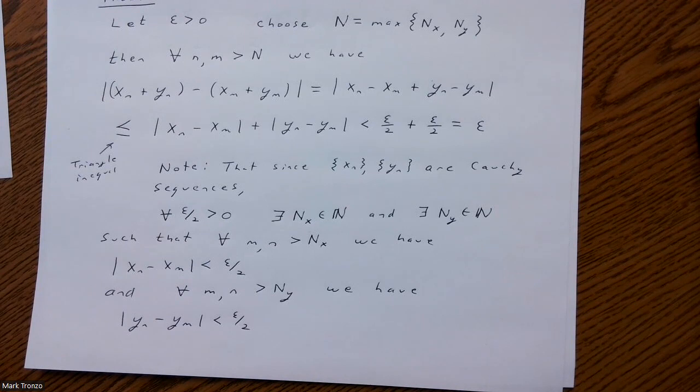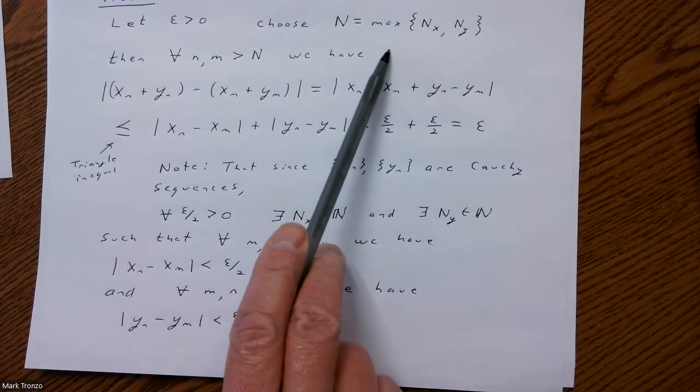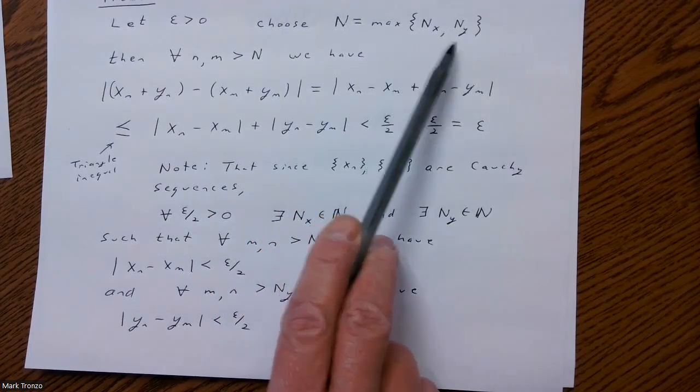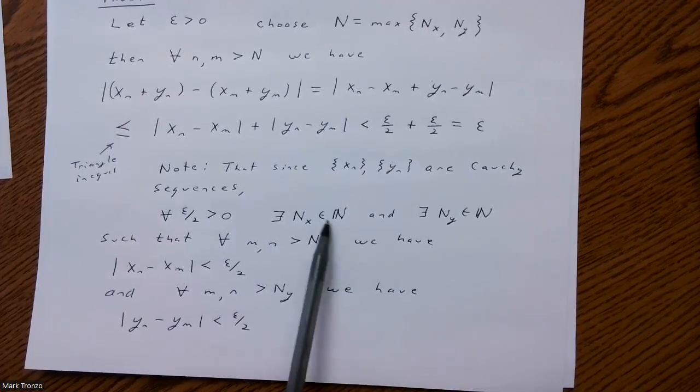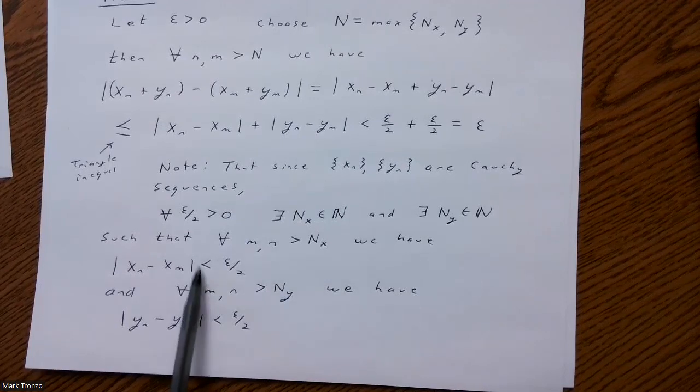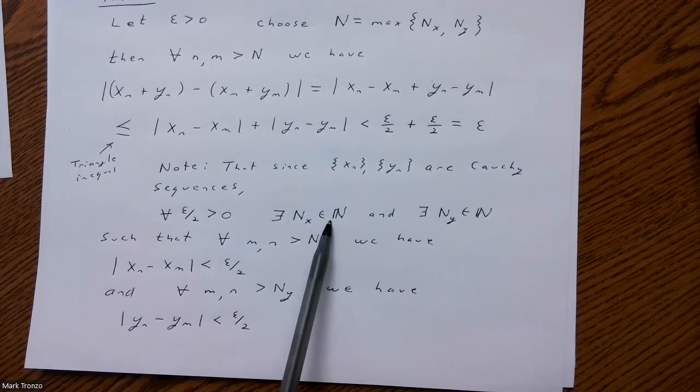So that's why when we did our proof up here, we took the maximum of our nx and ny, because if we take the maximum, then both of these are going to be satisfied.